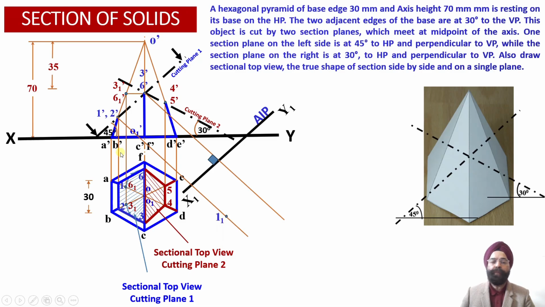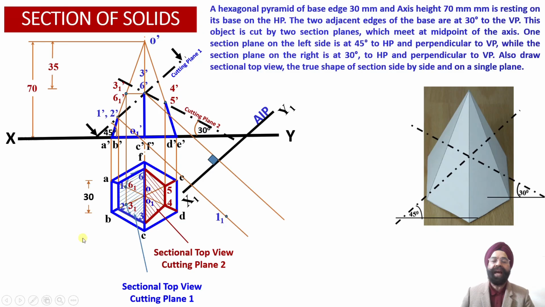The distance of point 1 will be this distance in the plan projection view from the XY reference line. Once we measure it, onto the projector line drawn through the point 1 dash, the same distance will be plotted over here. So we have obtained the point 1 1 of the plan projection view.